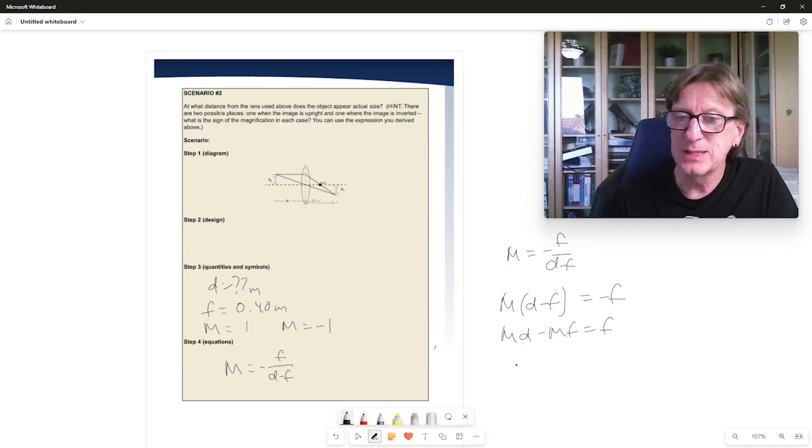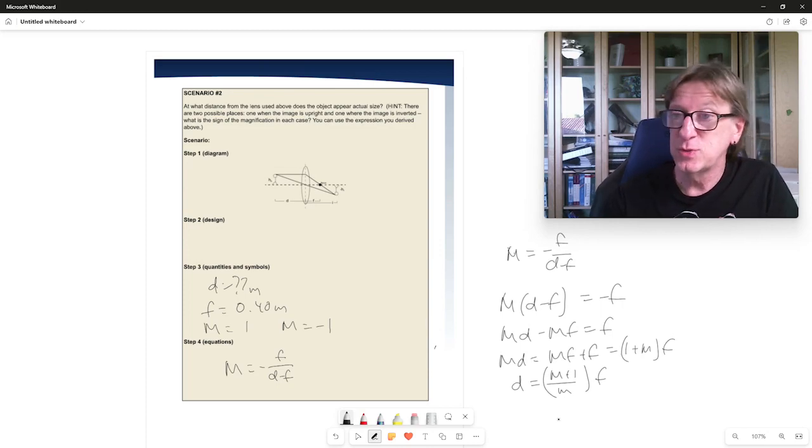I want to get my d by itself, remember. So I've got md equals mf minus f. I'm going to factor out my f here, and that gives me m minus 1 times f. And then finally, I'm going to divide by m. So d equals, I'm just going to write it as m plus 1 since that looks neater to me, times f.